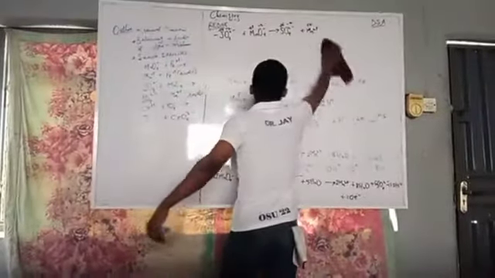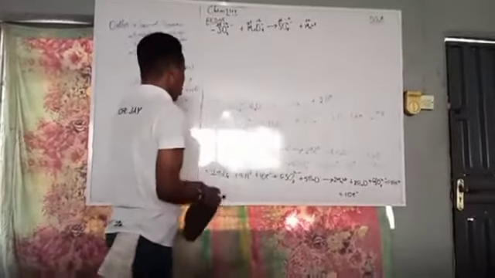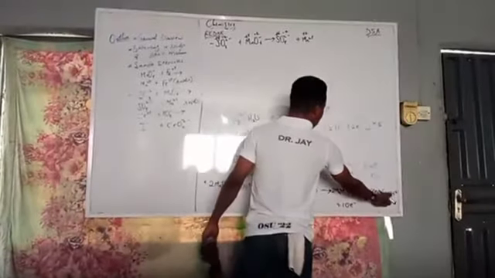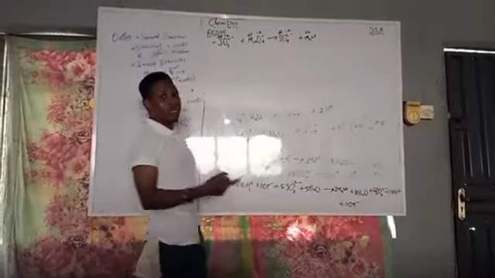Let's write out our cancellation of spectator species as the case may be. So now looking at it critically, you have 16 hydrogen here, you have 10 hydrogen here. By the time this one comes here, it annuls 10, leaving behind what? 6.